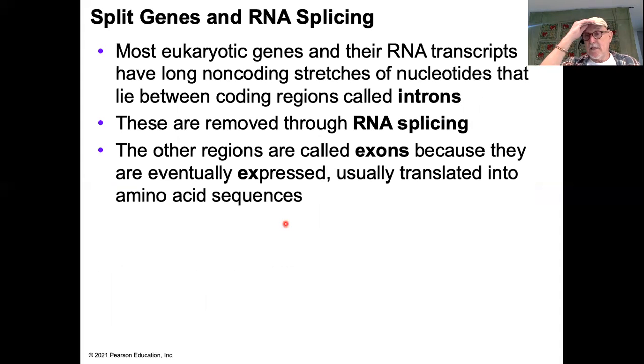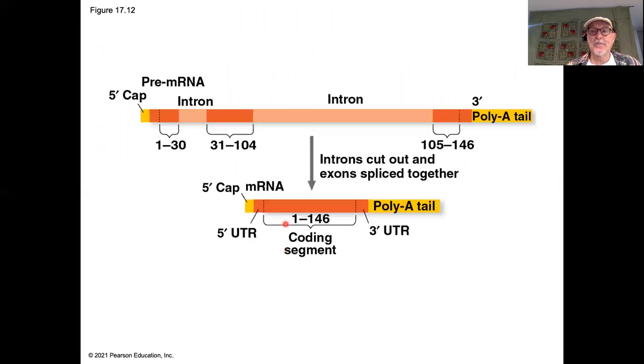This is done by a special group of RNA and protein enzymes called the spliceosome. The spliceosome takes out the introns and clips all the exons together. You can remember exon because these are the regions which are expressed in the cell. These are the regions which are going to be translated.